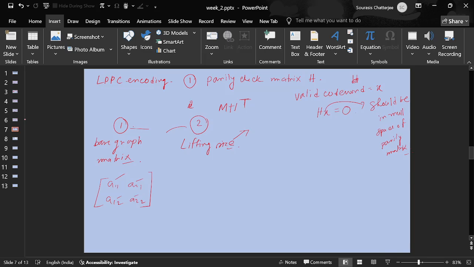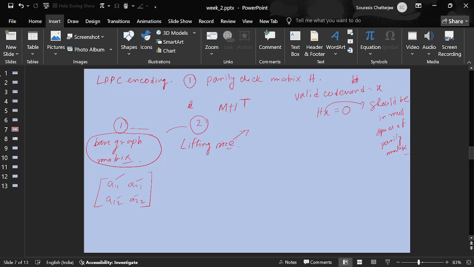Okay. So you are saying that based on the values in the base graph matrix, we have to circularly shift the identity matrix of lifting size accordingly, and then we'll get our parity check matrix. In that way I only need to store the base graph matrix, which is of a very small dimension, so we can store it in limited memory, and the identity matrix we need not save.